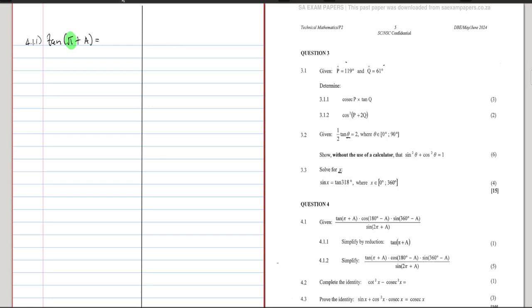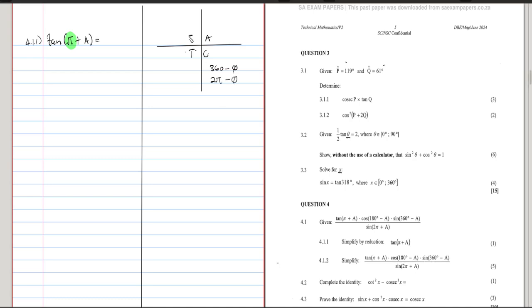Let me have a CAST diagram prepared on the side like this, and include the formulas for each quadrant as well. So we have CAST in the fourth quadrant. Let's start there. We have 360 minus theta, not pi, theta. So this is like saying 2 pi minus theta.